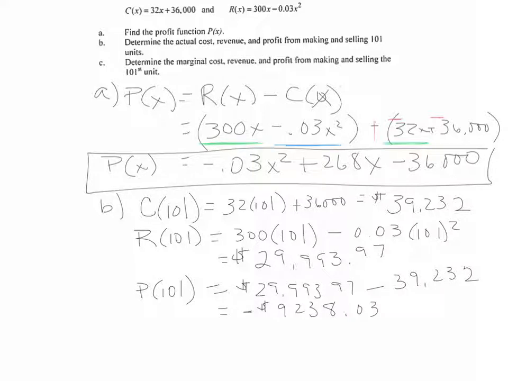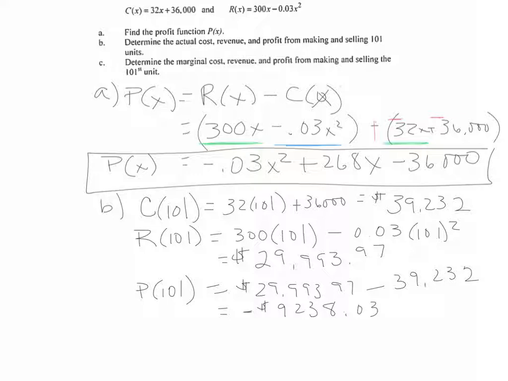Now, if I wanted to know the actual cost, and keep this in mind, this is the total cost of producing 101 units.